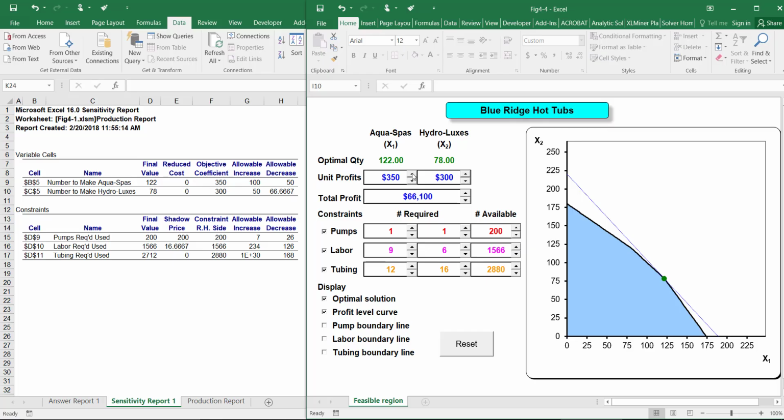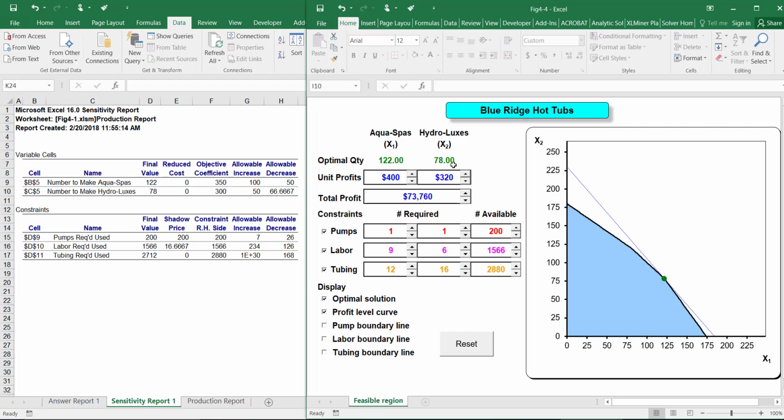So let's say I change this one within the possible range. I increase this one by 50 units, which is in the feasible area of this range, where I'm allowed to increase by 100 units. And then let me increase the second one by 20 units.